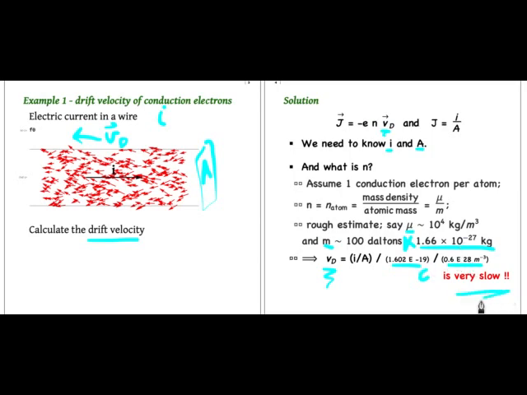It'll be very, very slow. So drift velocities are very slow. Electrons moving in a current in a wire, for currents of the order of an amp, for wires of the order of a centimeter, are very slow. There'll be an example of that in the log kappa assignment.